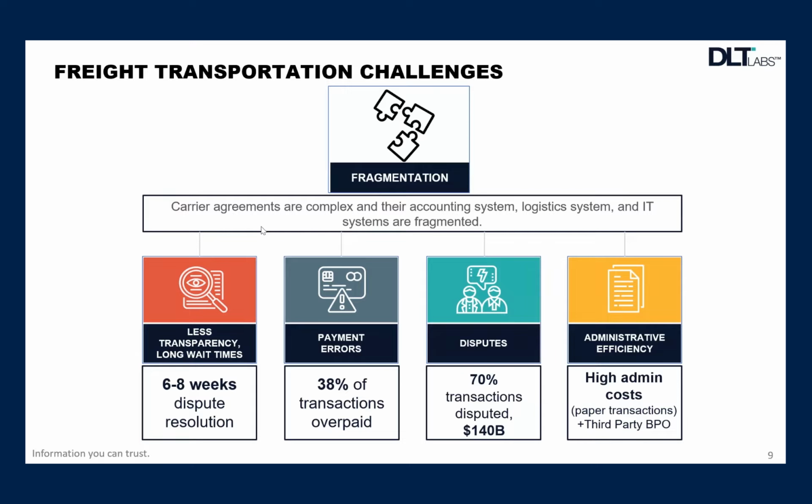And so when we've been speaking to industry, what we've heard and what we've seen, which is similar to the challenges and issues that Walmart was experiencing, is that this nature of a high number of data points and a significant number of variable charges results in long times for carriers to be paid. So on average, up to 6 to 8 weeks for invoices to be disputed and finally paid.